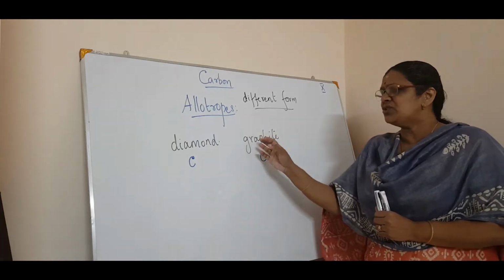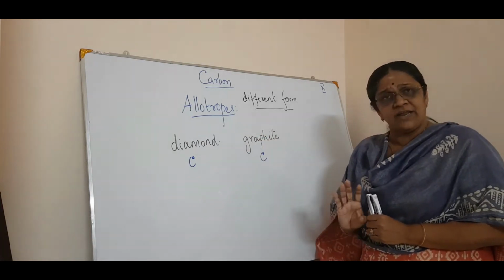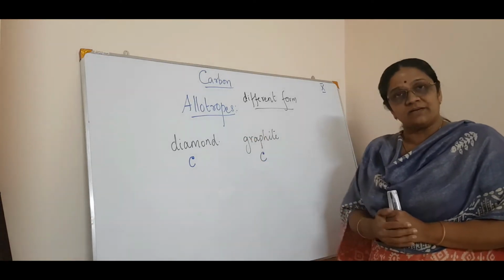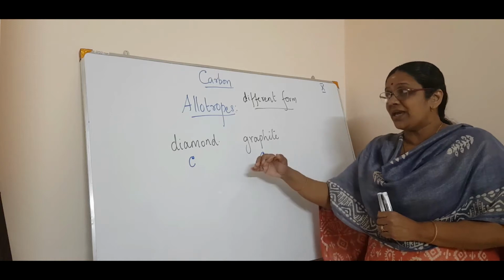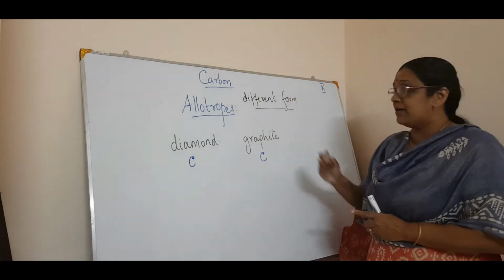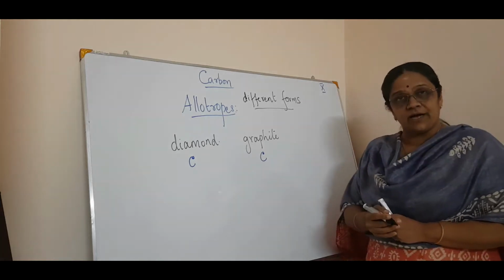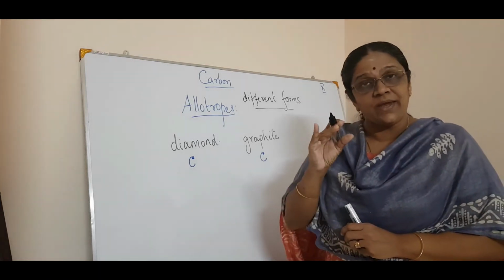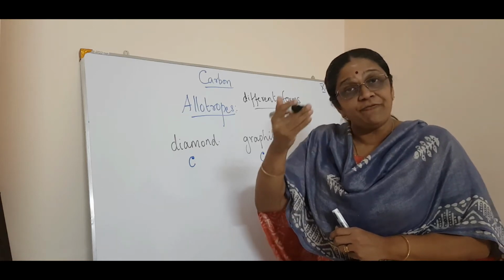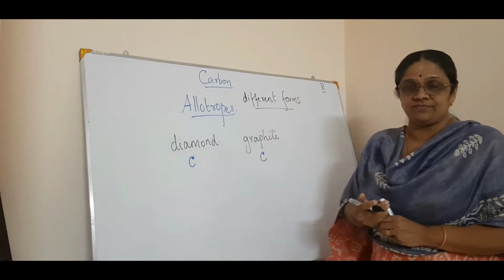So according to this, they are different in nature, isn't it? But still they are carbon. Okay. So we can say allotropes are different forms of carbon, which have the same chemical property but different physical property.